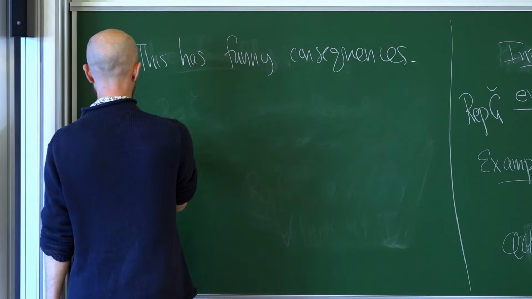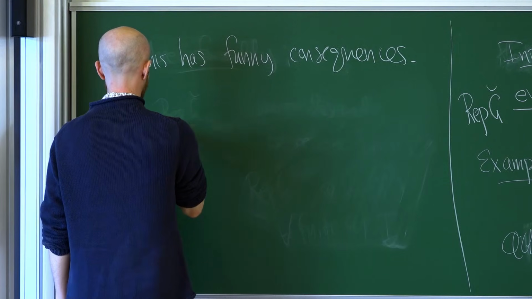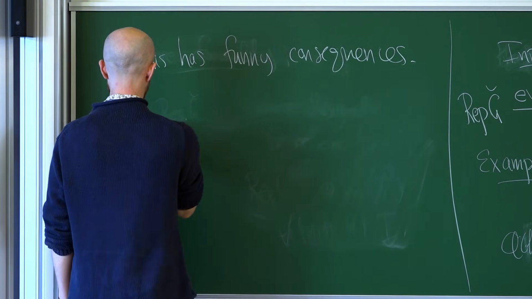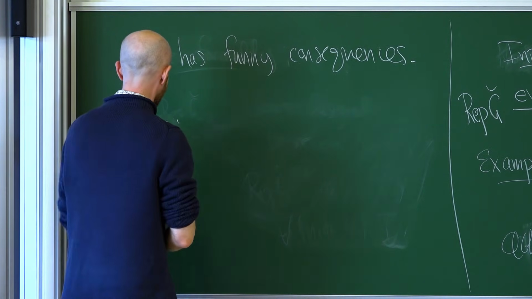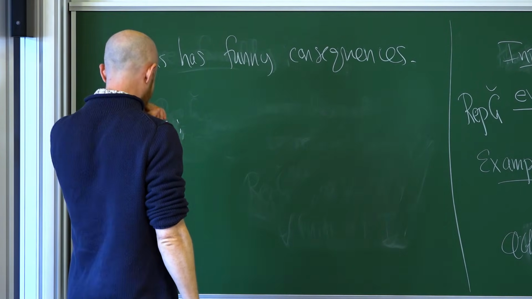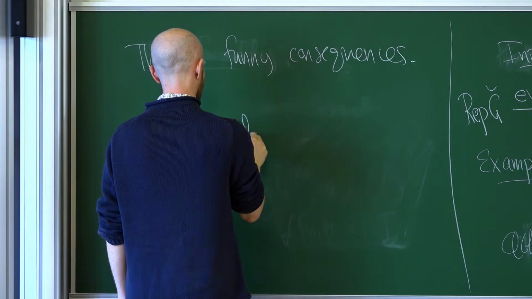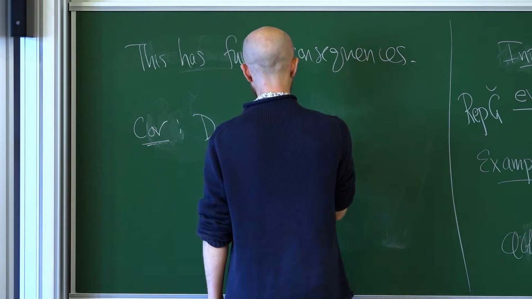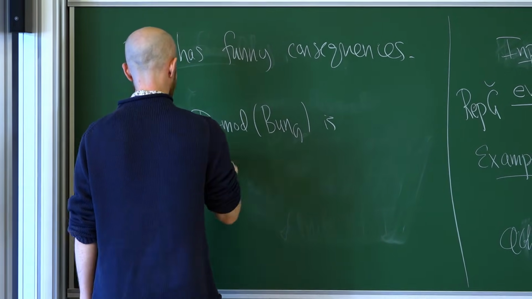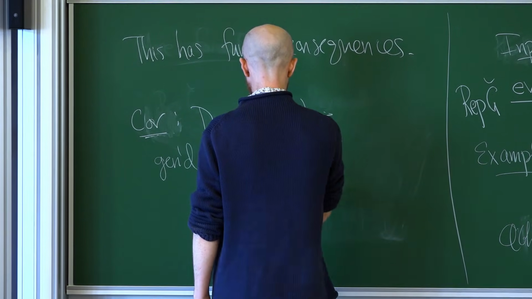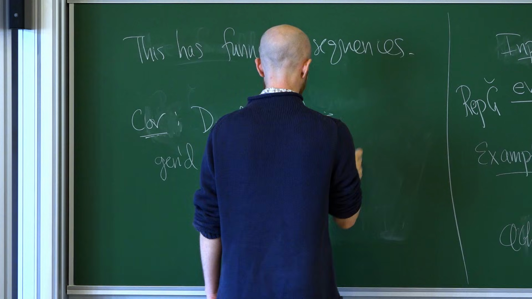So, for example, I want to claim the following. A corollary is the following. The category of D modules on Bun-G is generated by the following categories. Take D modules with nilpotent singular support.